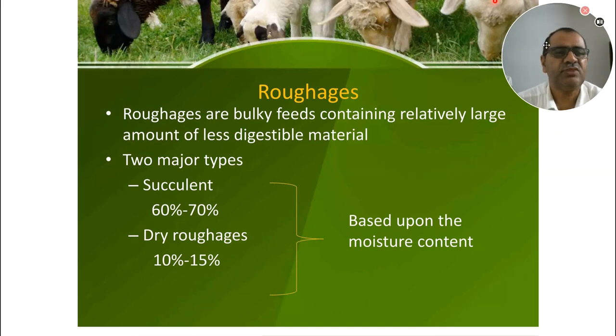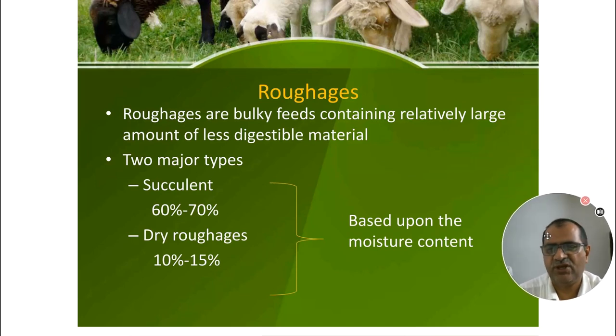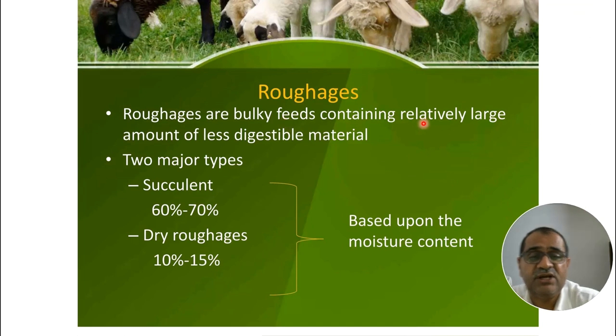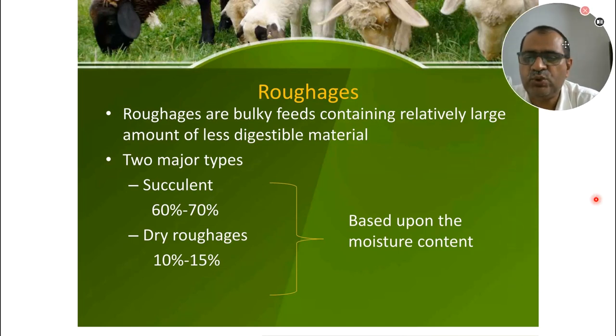Then roughages are bulky feeds containing a relatively large amount of less digestible materials. There are two major types of roughages.